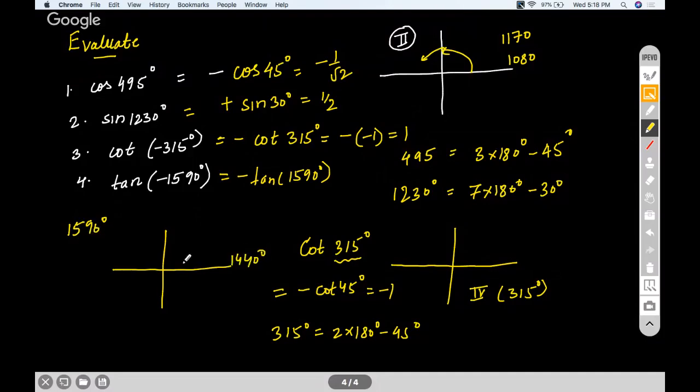This is 150 more than that, so you're back in the second quadrant. In the second quadrant, tan is known to be negative, so it's going to be negative tan. Now this is 30 degrees, so you'll have tan 30 degrees over here, so that is going to be plus 1 by root 3 as your answer.